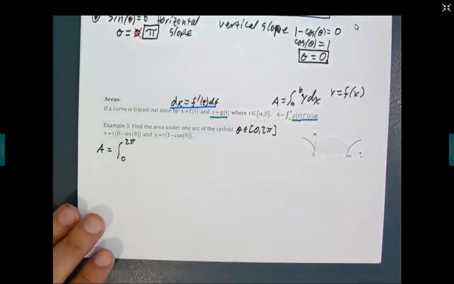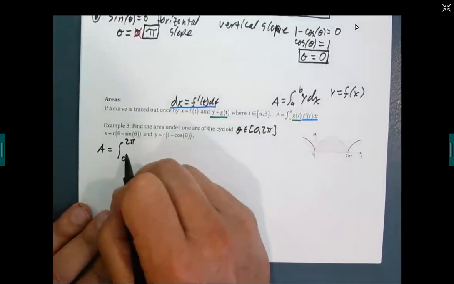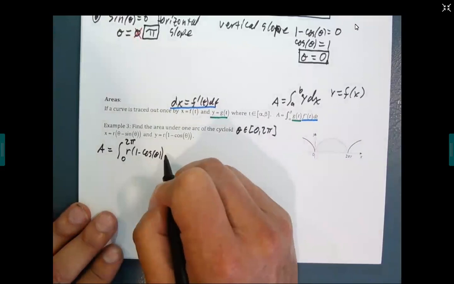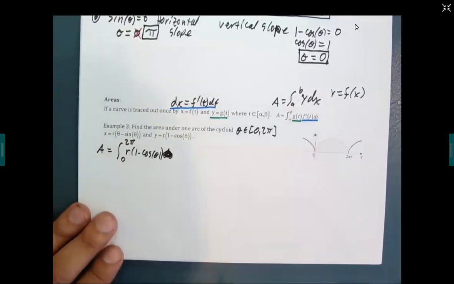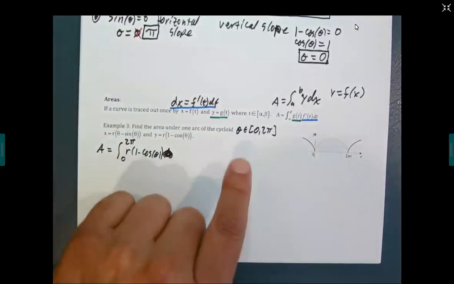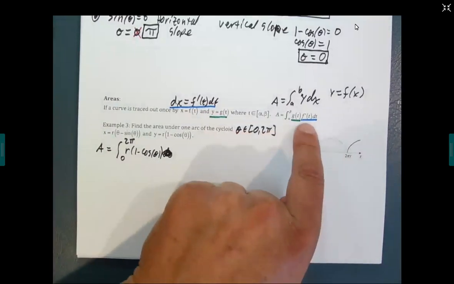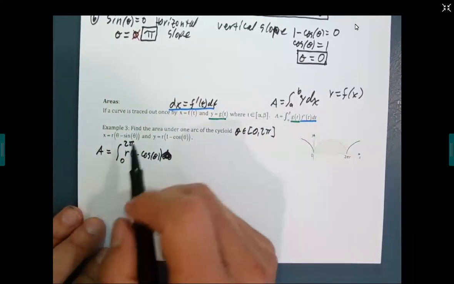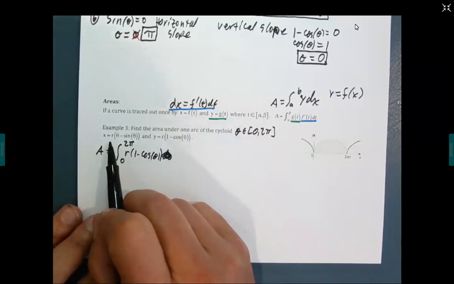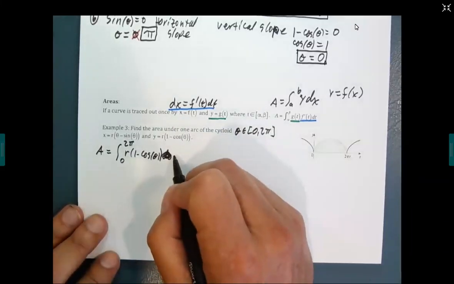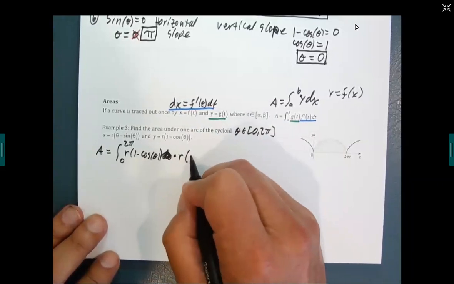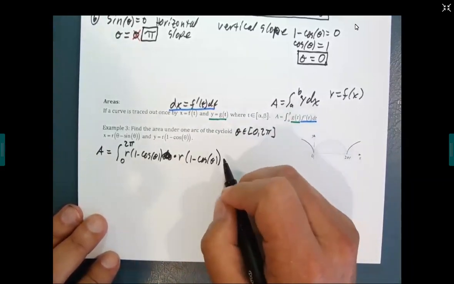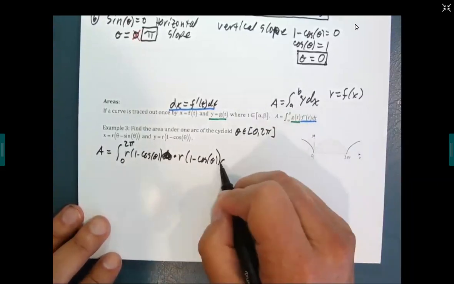And that is going to be y, so that's going to be r, 1 minus cosine theta, times f prime of t, which is x, is the derivative here. This is going to be times r, 1 minus cosine theta, d theta in this case.